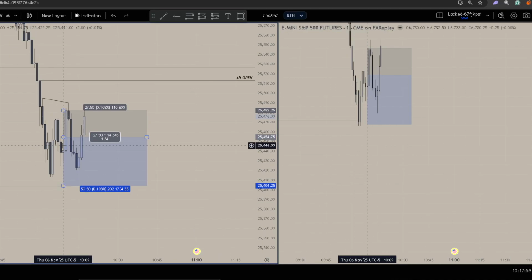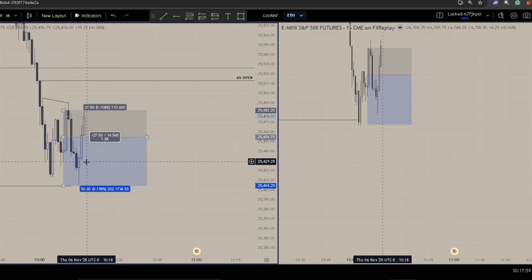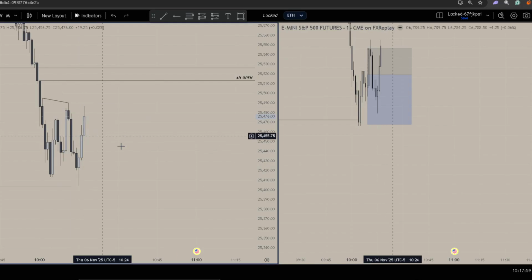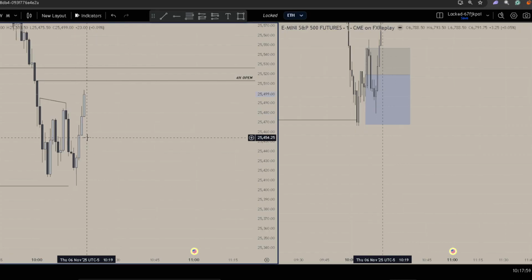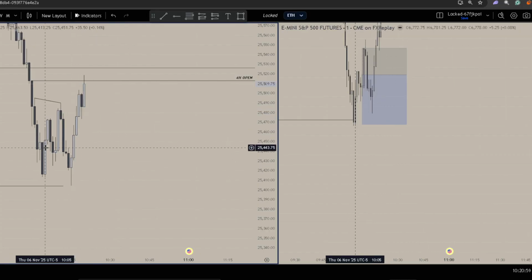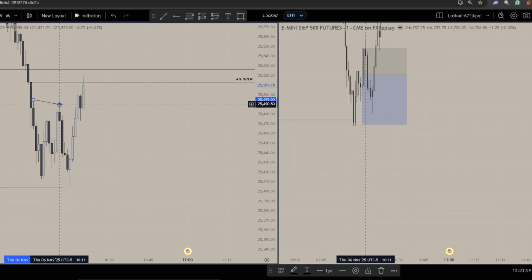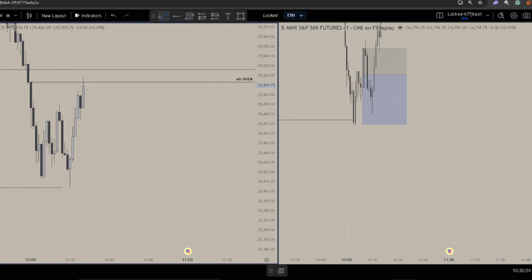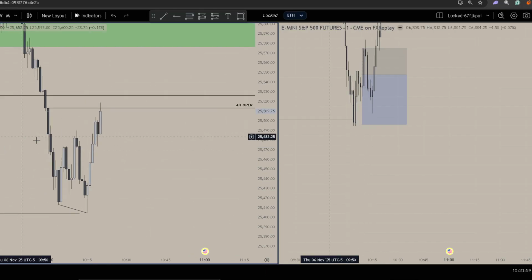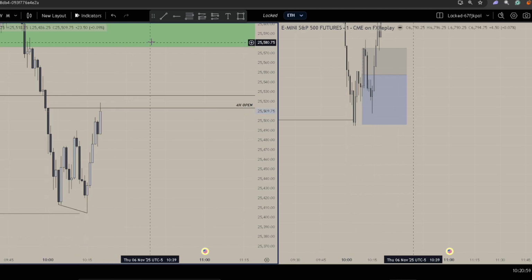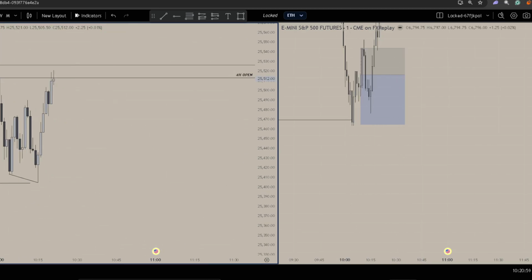It got hit, but my limit order got filled after the TP got hit. So now we took out the obvious draw. I think now it's time to form the wick. So open low, and then I'm anticipating a high close.